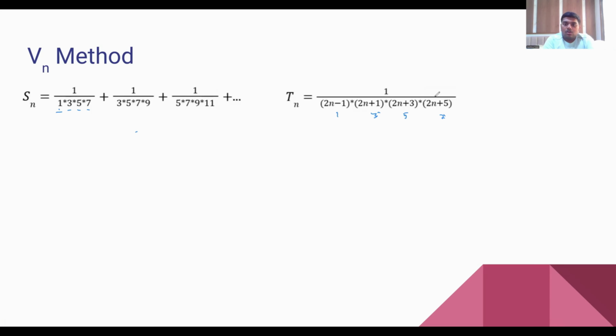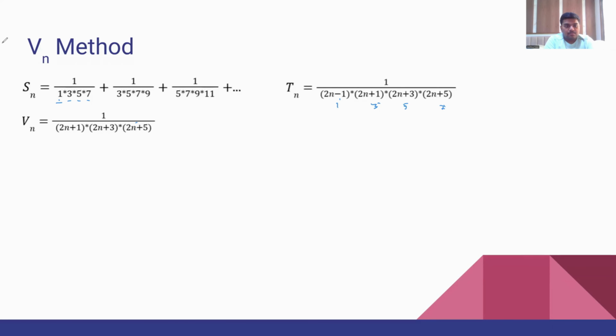Now, to solve this question, what we will simply do is that we will ignore this term 2n minus 1 and write the Vn. So Vn in that case will be 1 by (2n plus 1) into (2n plus 3) into (2n plus 5). And similarly, V(n minus 1) will be 1 by (2n minus 1) into (2n plus 1) into (2n plus 3). Okay.